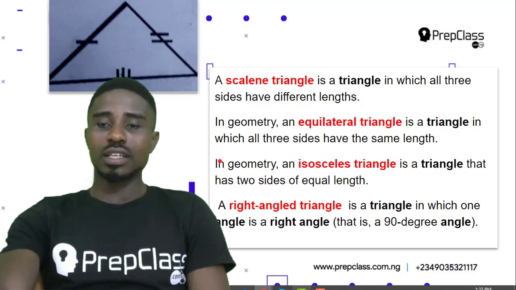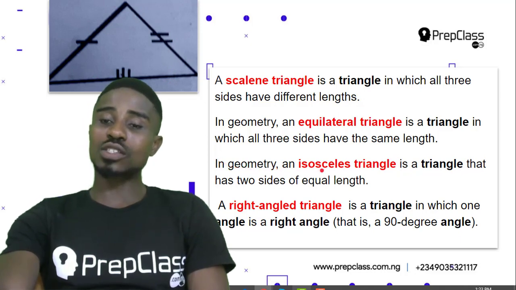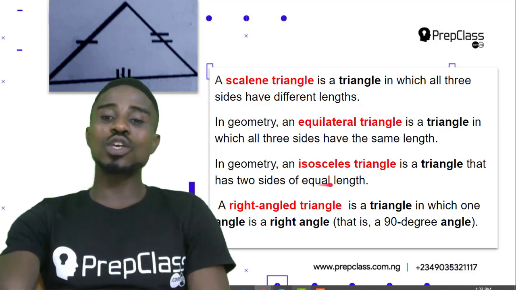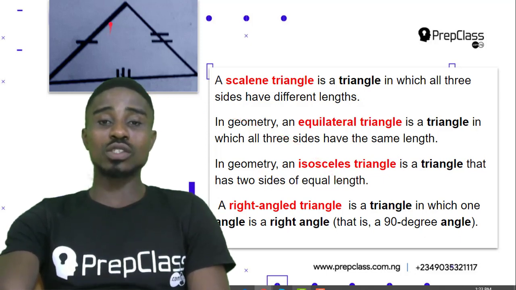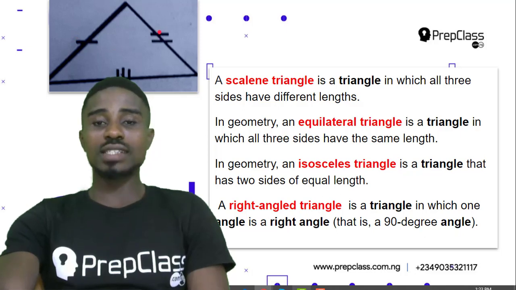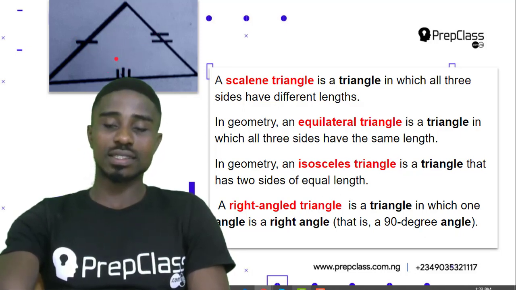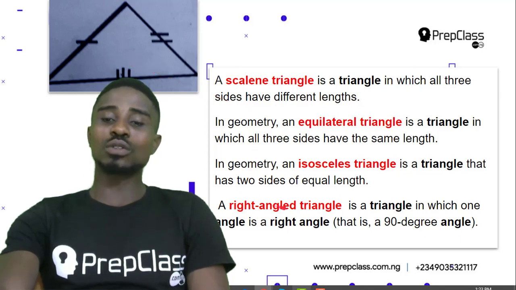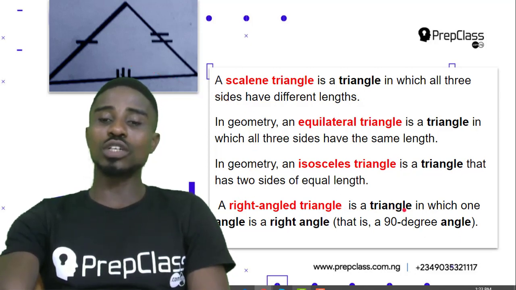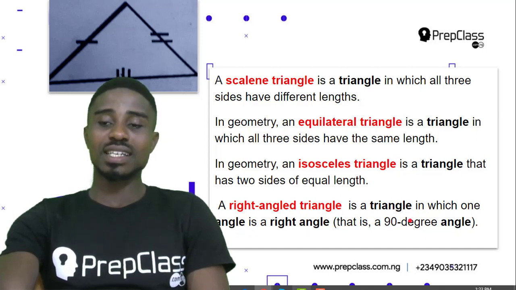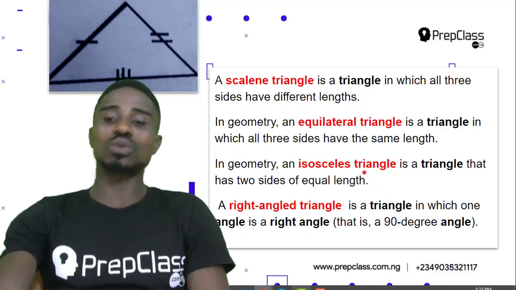Alright, the next one, in geometry, an isosceles triangle is a triangle that has two sides of equal length. So if it was an isosceles triangle, these two sides, or any of the two sides, will be of equal length. A right angle triangle is a triangle in which one angle is a right angle, that is a 90-degree angle.